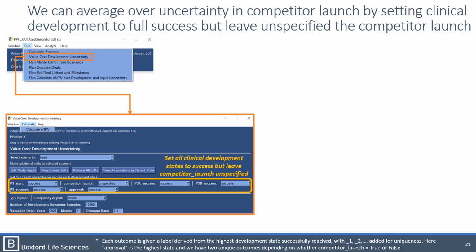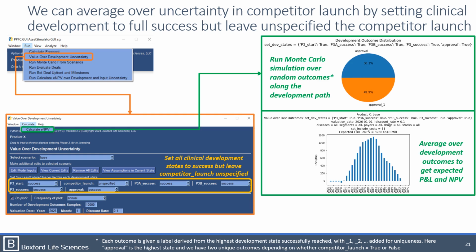So here, as we see when we open up that menu and we move down to development states, we're going to say that phase 3 start is a success, and all the different clinical trials, phase 3A, phase 3B is success. That means phase 3 overall is a success and approval is success, but we leave unspecified whether a competitor launches or not.